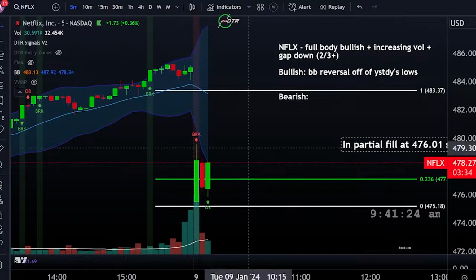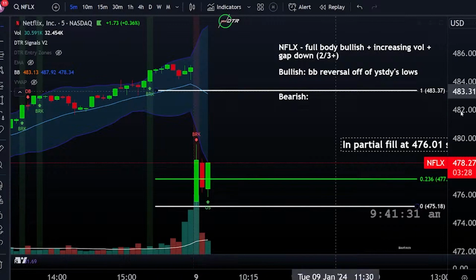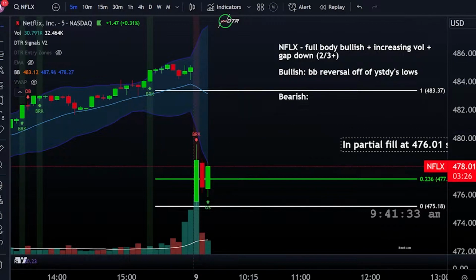Yeah, Greg, to be fair, it was bouncing along about that same amount on my Interactive Brokers as well. That's an awesome fill, Alfred. Awesome fill. But there we go, guys. Closed a third of my position there at 478.